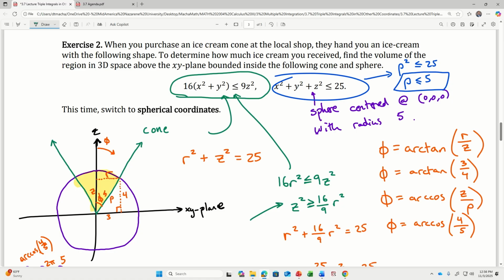But the direction of this inequality, saying that the z part should be greater than the r part, is telling me that it's okay to be up above this green line where the z's are larger, but it's not okay to be below the green line where the r's are larger.